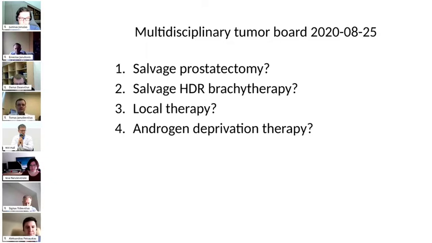So after first line radiotherapy, we will not recommend salvage prostatectomy. If we can choose, we will ask help from the radiotherapist. So the next question is to the radiotherapist.